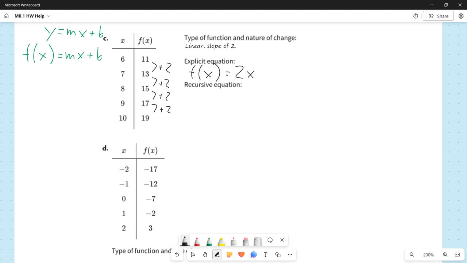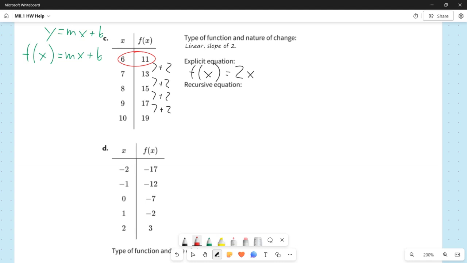Now, we're not really graphing this, so we're not looking visually for the y-intercept. But what we are looking for is some term that's going to make this true. So if we take a look at our first input here, this says that when you plug in a 6, you should get an 11.